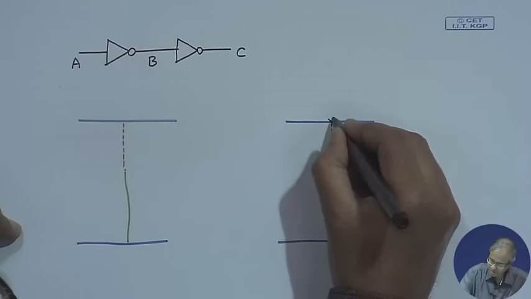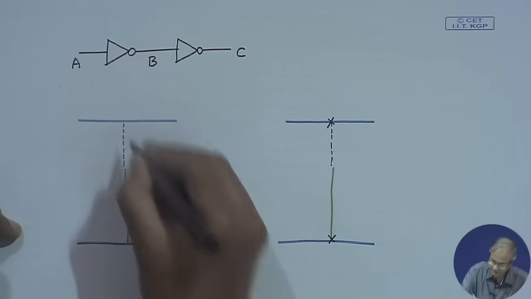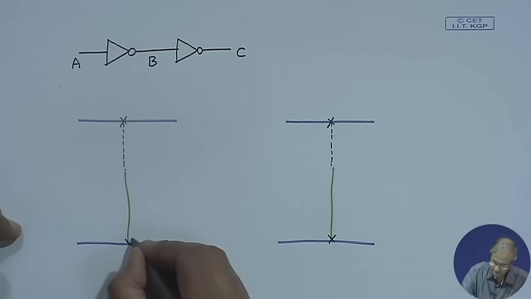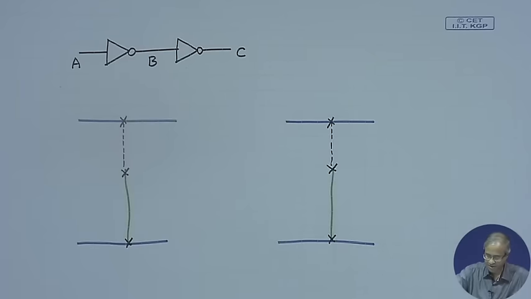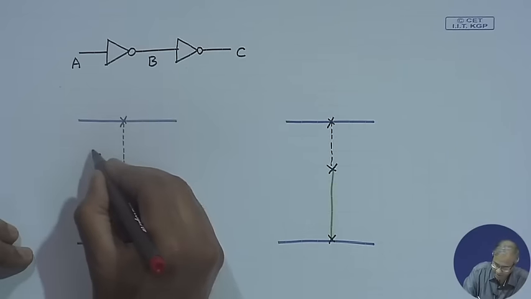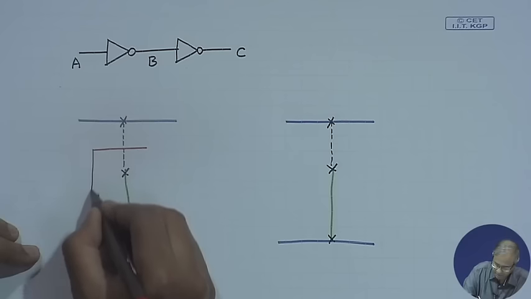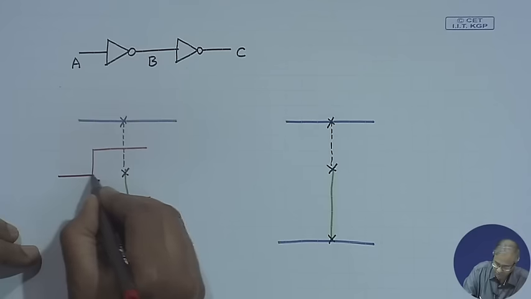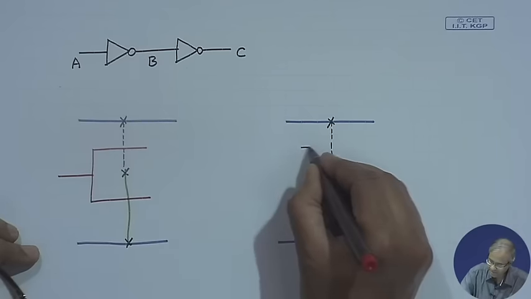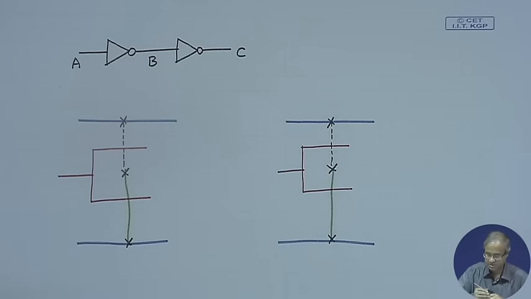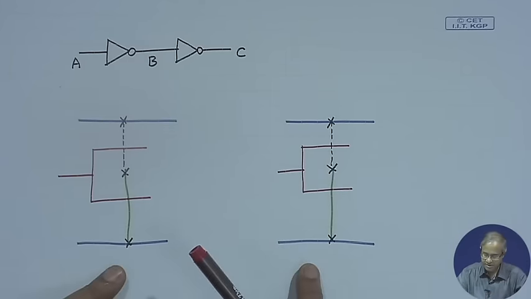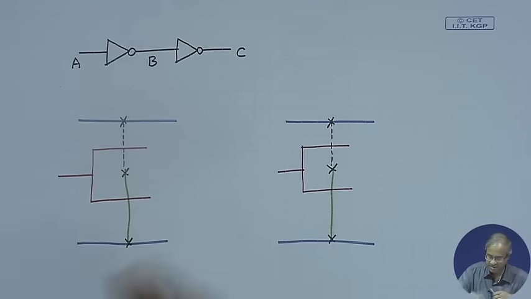So, there is a contact here, contact here, contact here and contact here. Then we have the polysilicon line forming the two transistors, and there is another polysilicon line forming the two transistors. So, this is actually the stick diagram layout of this function.